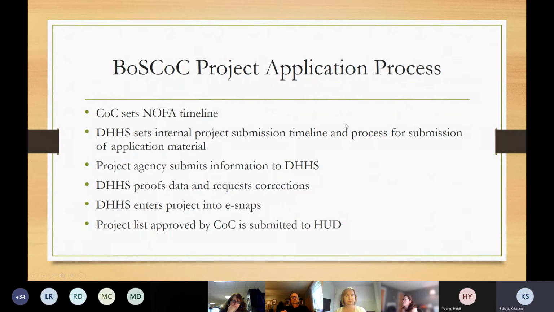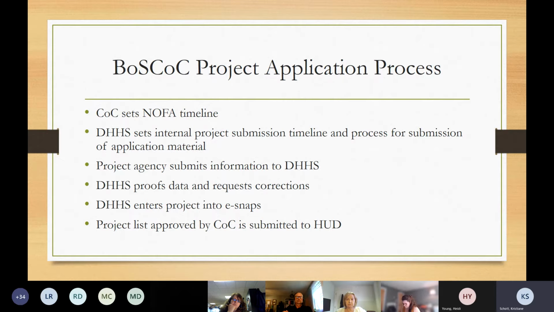For the Balance of State Continuum of Care, we have a project application process that is usually set every single year. Once the NOFA is released, the Bureau of Housing Supports, as the collaborative applicant, will release a calendar with timelines for the entire process.